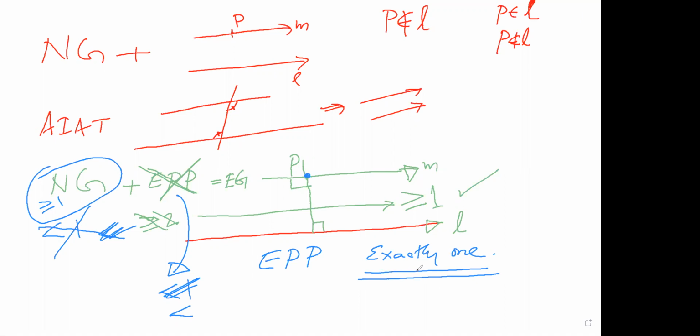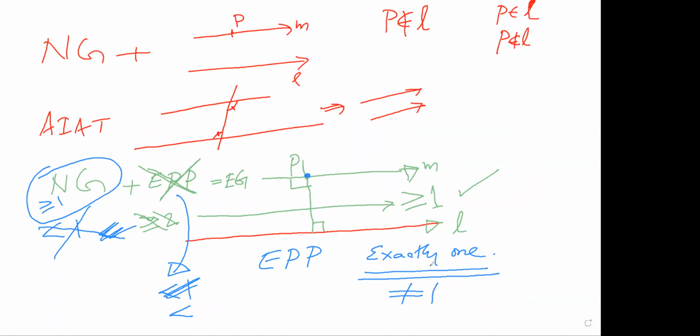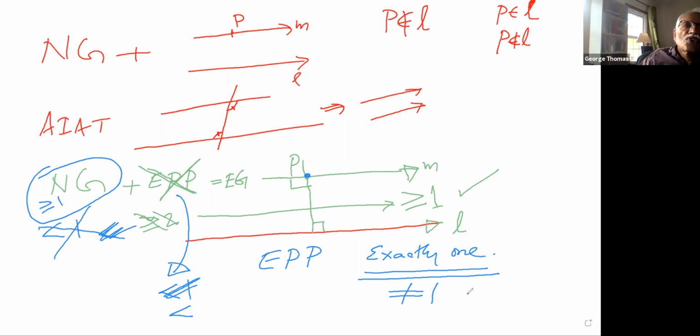The obvious opposite would be there are greater than or equal to 2 lines. The opposite of this will be not one, wouldn't it? It would be not 1, but it has to be greater than or equal to 1.